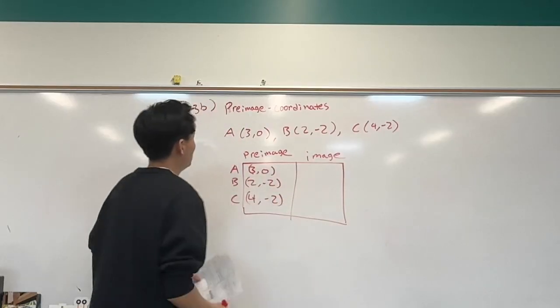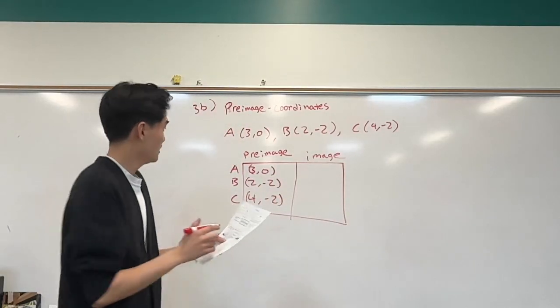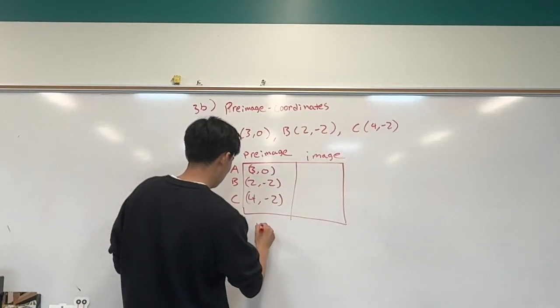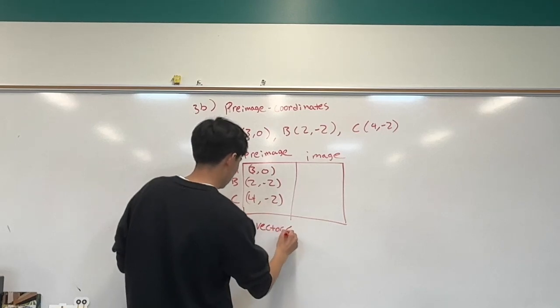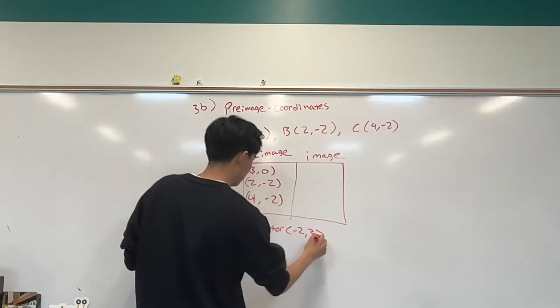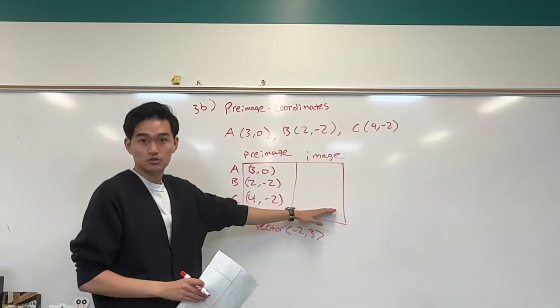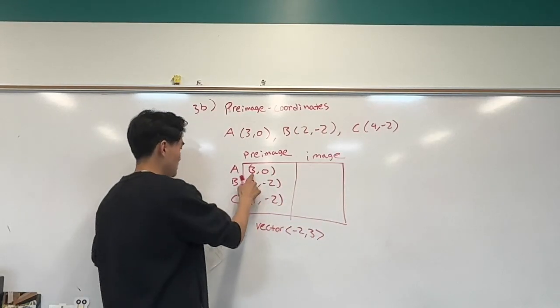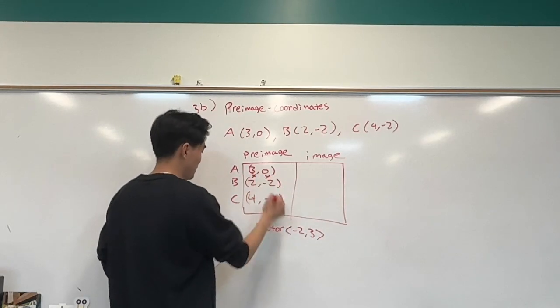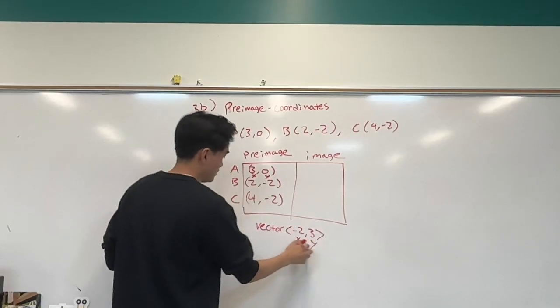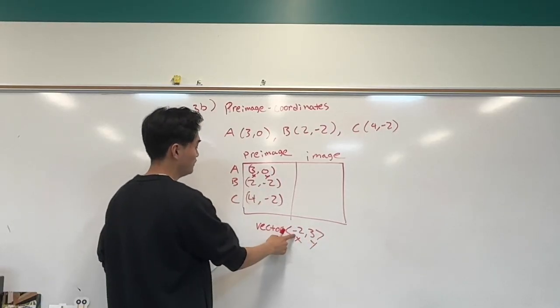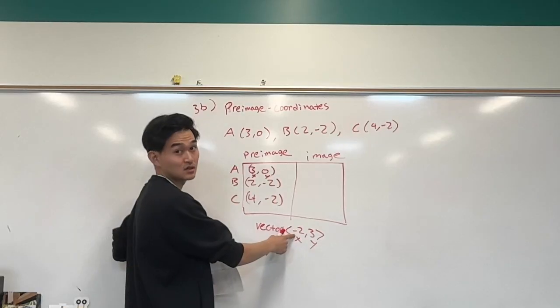Okay, now my vector that's given to me is <-2, 3>. And I have to use this to translate to my image. Okay, so this is 3, 0, right? This is my x, this is my y, this is x, y. So for the x value, I'm moving 2 to the left because it's a negative.